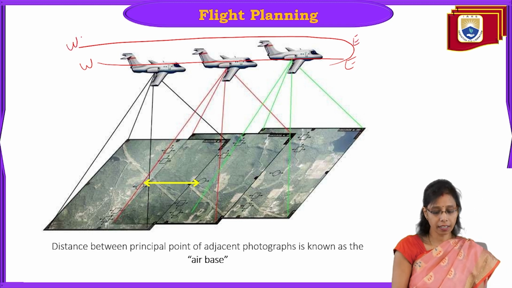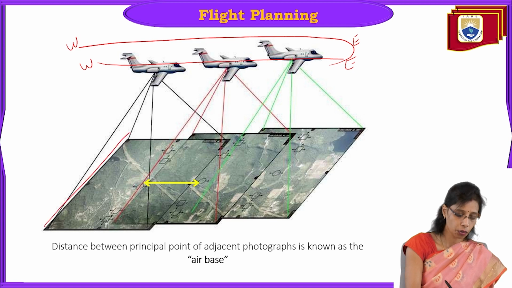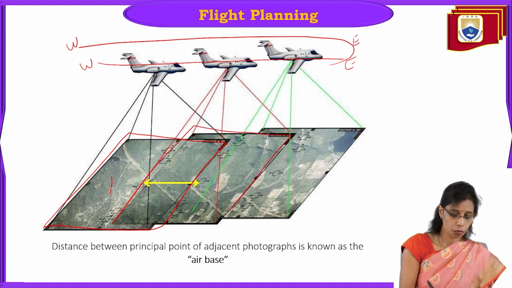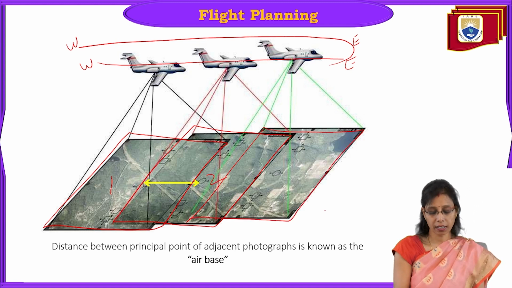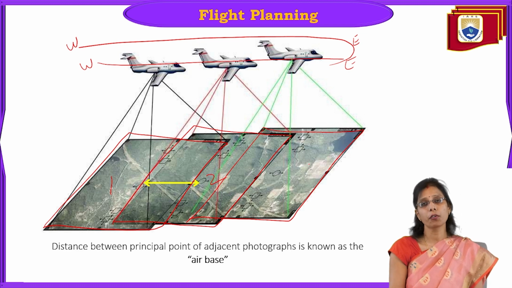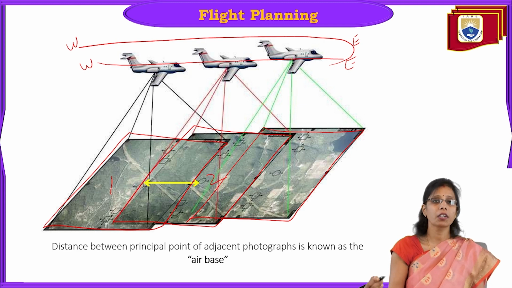This is one direction it is capturing. So here is photo number 1, photo number 2, photo number 3. So you are seeing a total of 3 photos here, but actually, as per the direction decided, it may cover 10 photos, 15 photos, or 20 photos.